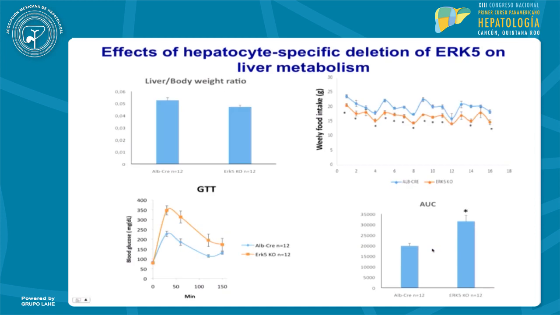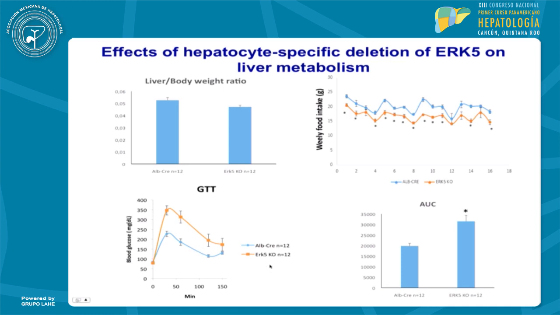But what was actually very interesting is that if you subject these mice to a glucose tolerance test, you can see that the tolerance to glucose is much lower in mice which are lacking ERK5. And again, the area under the curve is statistically higher if you compare these mice with the control mice.